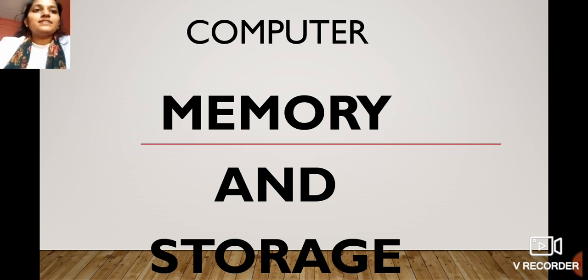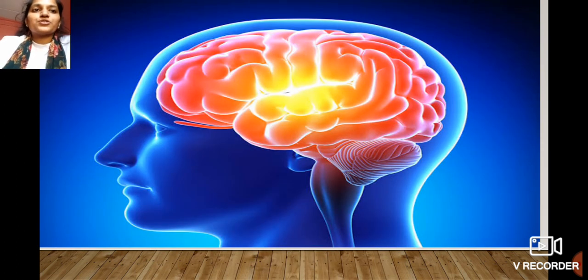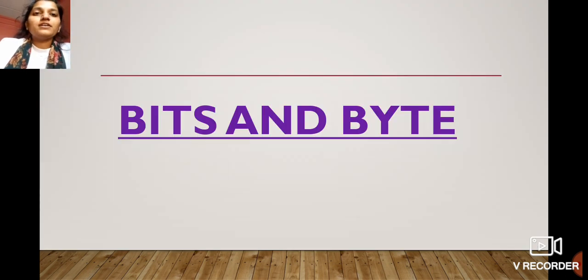So we are going to revise memory and storage. So as we all know that human thinks with brain, but we know that computer does not have a brain, but it has CPU which works like a brain. Okay, we have memory, right? We sometimes make the memories, but computer also has memory.